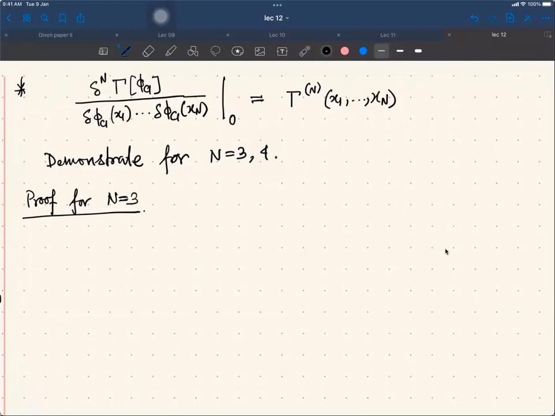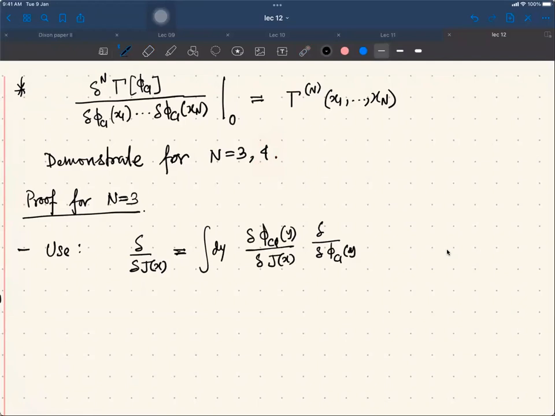One basic identity that one would use here is the following fact: del j of x, the derivative using the chain rule. We have done it earlier. Chain rule, it can be given by d phi CL y, del j x, del phi CL y.